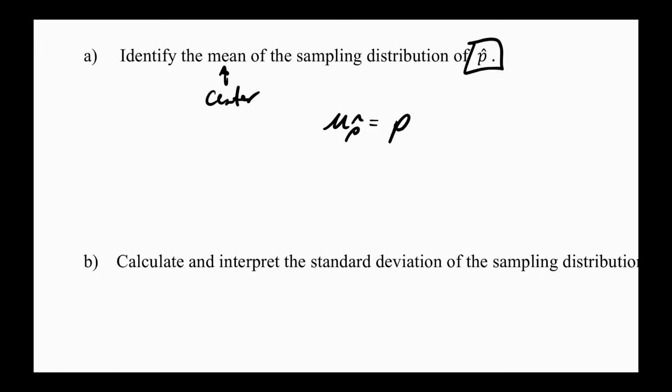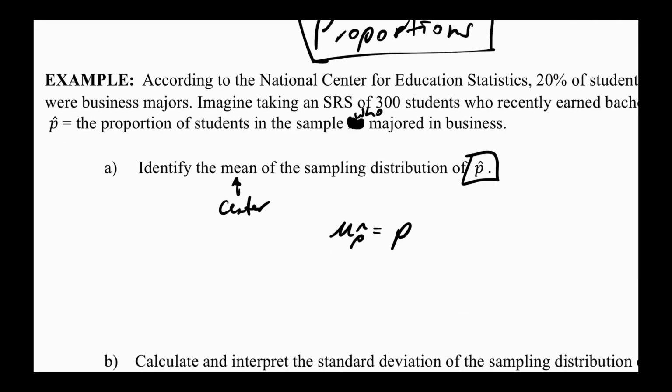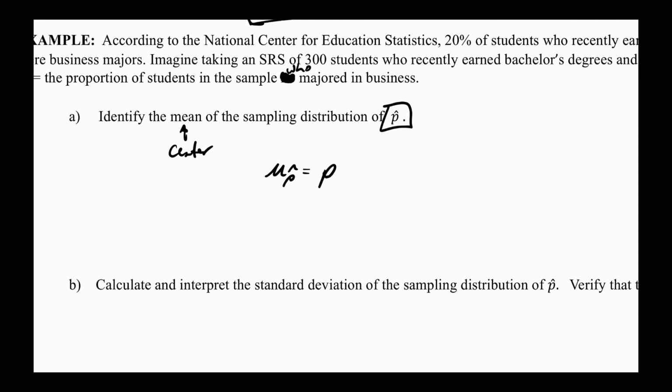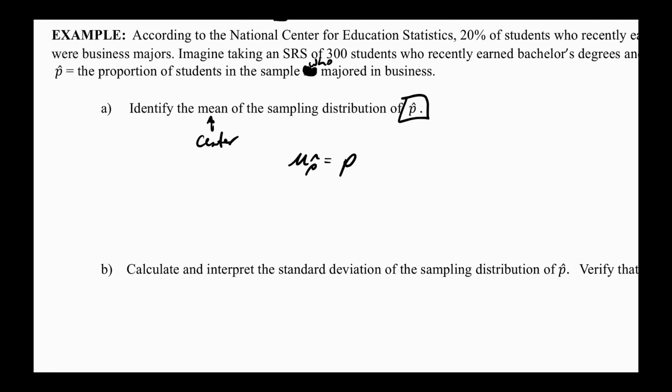If I were to take samples of 300, samples of 300, samples of 300, and for each of those 300, I had a p hat, and I added all of those p hats up and divided by however many samples I took, what would the average be?